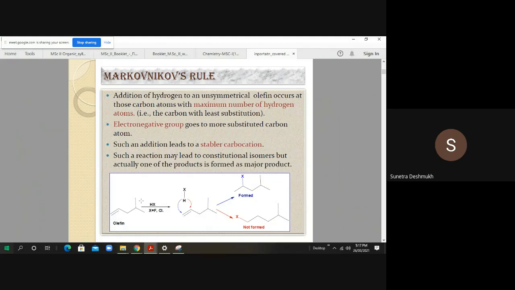Here we are going to add an electrophile across the carbon-carbon double bond. H plus acts as the electrophile and we are going to add this H plus to the carbon-carbon double bond.